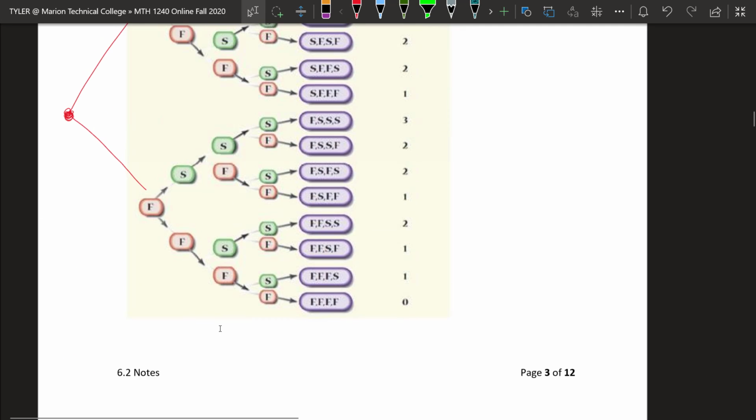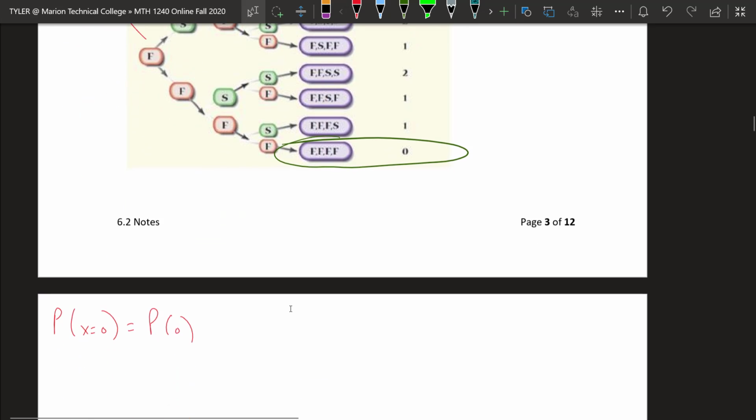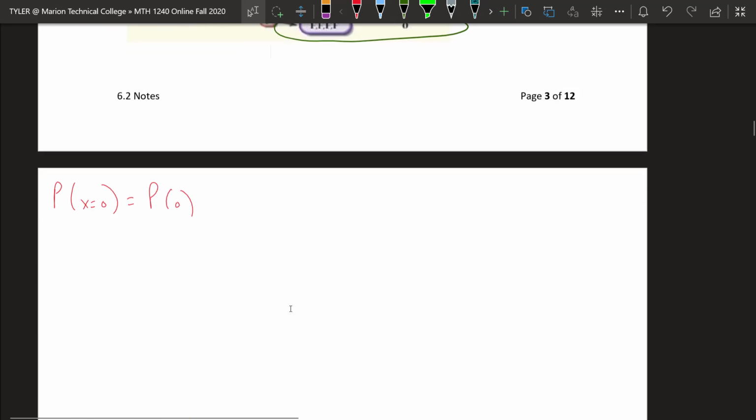Well, if you look at the tree diagram, that would be this outcome here that I just circled at the bottom, the very last one. That means that all planes were failures, they were all late.